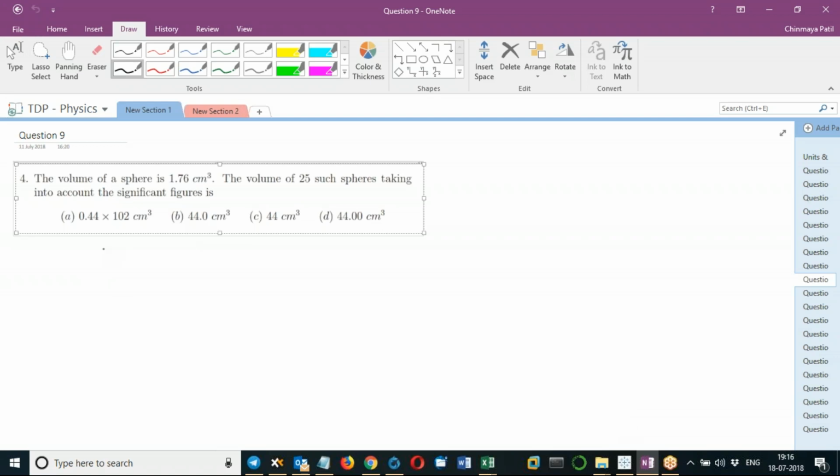But if you see the options, especially option B, option C, and option D, apparently they look the same, because 44.0, 44, and 44.00 apparently look like all three are the same.